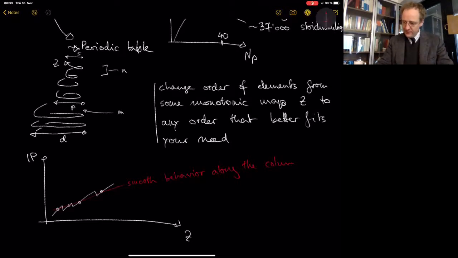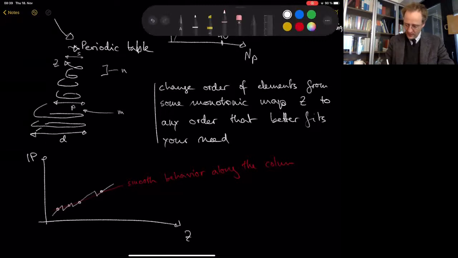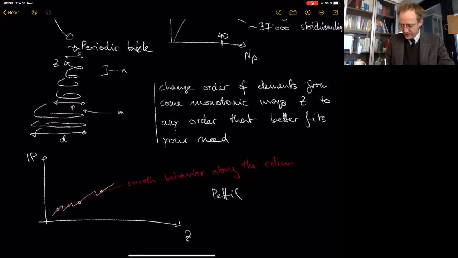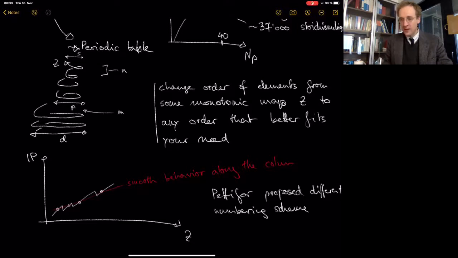Now, Pettifor proposed a different numbering scheme. So he basically reshuffled the arrangement, right? He took away the nuclear charge as an index and reshuffled things such that important properties become linear, right?